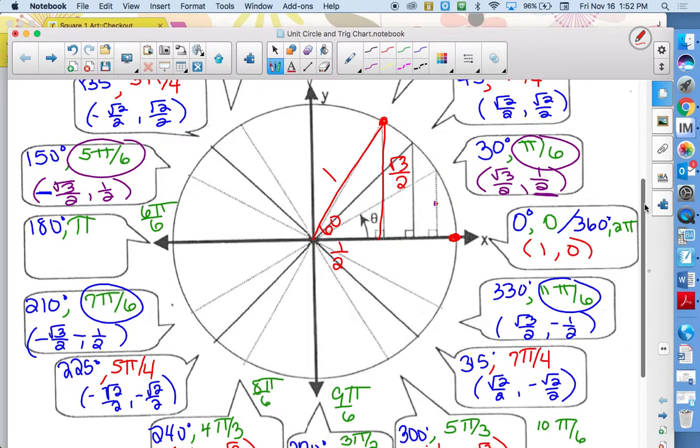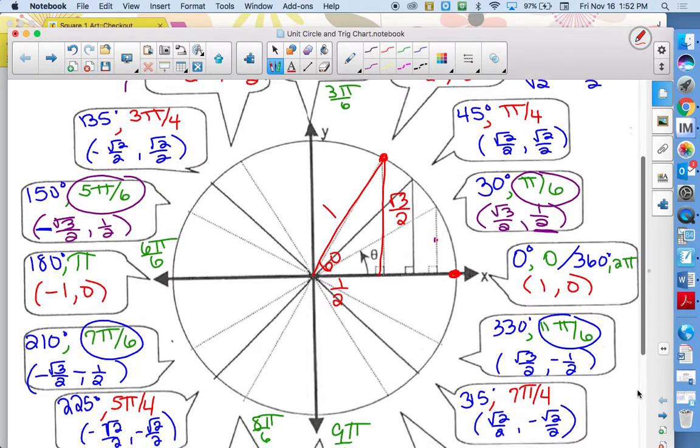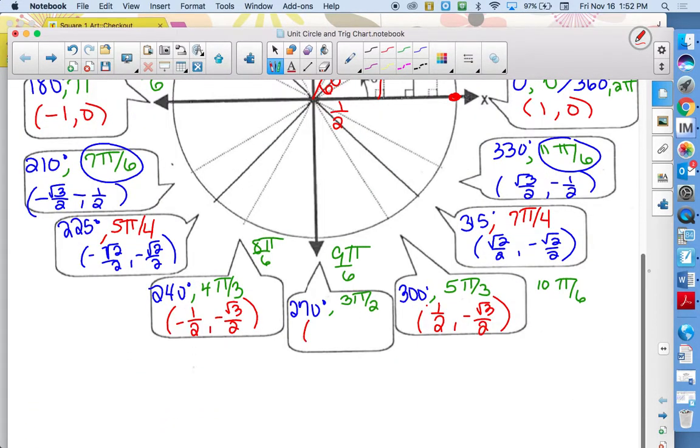If I go directly on the other side, I'm still moving over a distance of 1, but it's negative because we're on the negative side of the x-axis. And then at the top, we're at 0, but I move up 1. At the bottom, x is 0, but we move down 1.